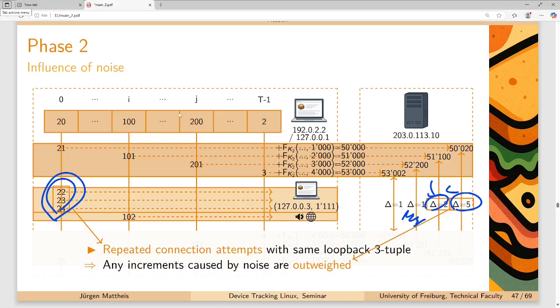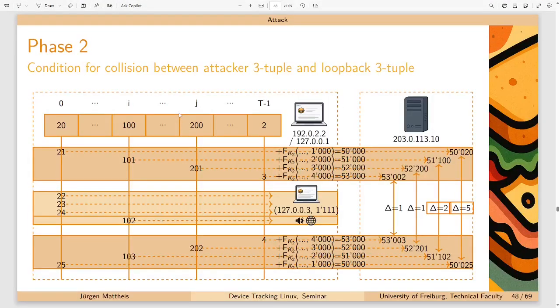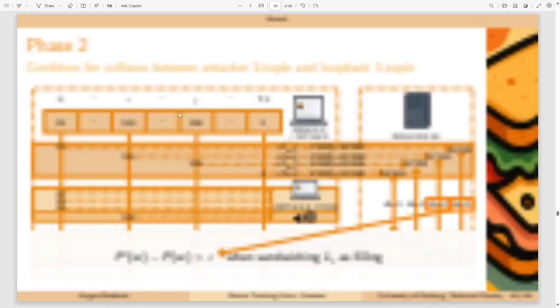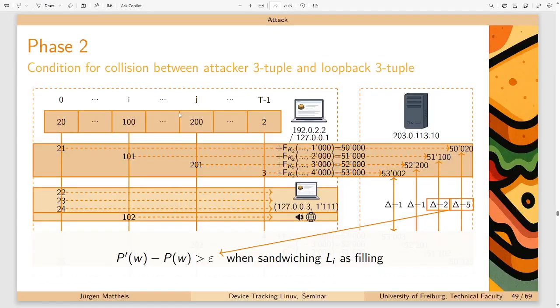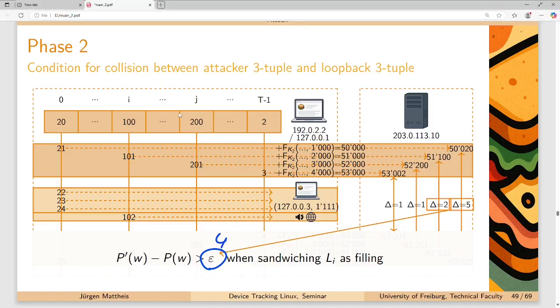And then the condition basically looks like this: we have some epsilon, and this one has to, for example, be greater than 4, and we assume that our noise very rarely causes an increment greater than 4.